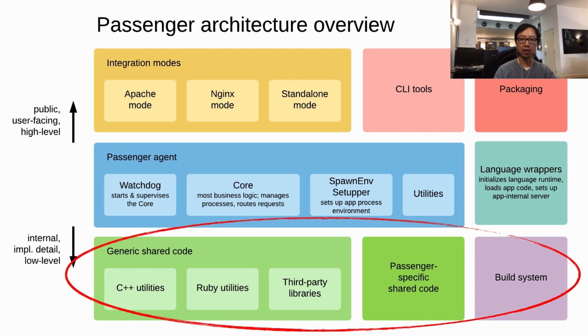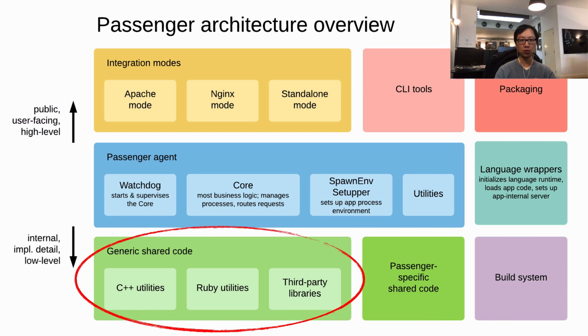The components in the higher layers build on top of components in the lower layers. The bottom layer implements details and low-level behavior. A large part of this can be reused outside the context of Passenger too. For example, the generic shared code package contains code for memory management, sockets, strings, integer algorithms, crypto, etc.